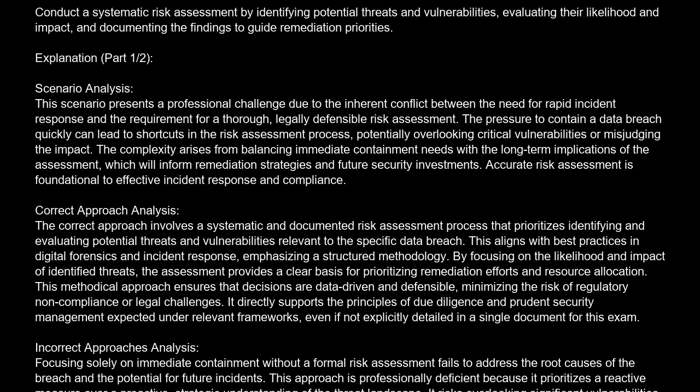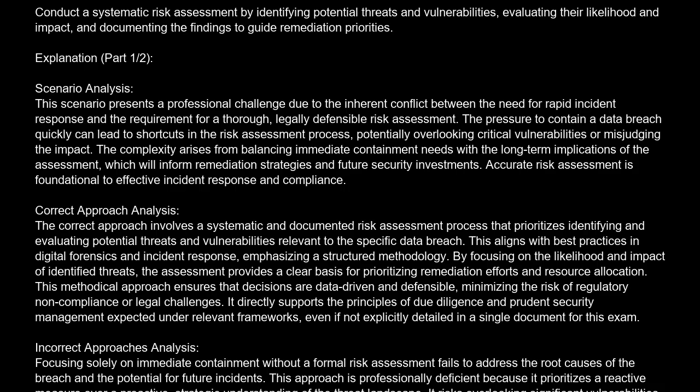Correct approach analysis. The correct approach involves a systematic and documented risk assessment process that prioritizes identifying and evaluating potential threats and vulnerabilities relevant to the specific data breach. This aligns with best practices in digital forensics and incident response, emphasizing a structured methodology.